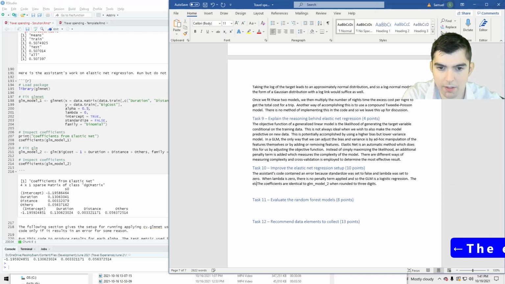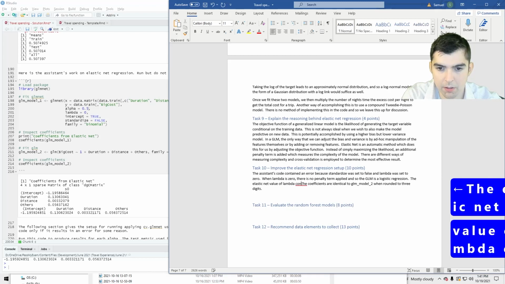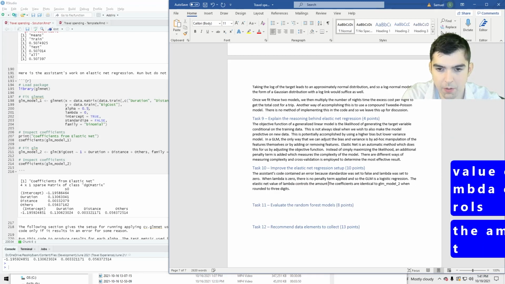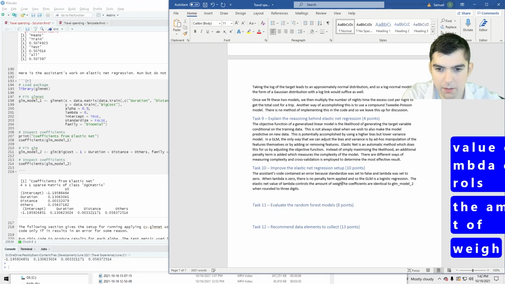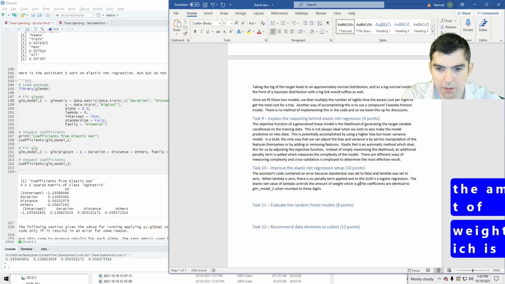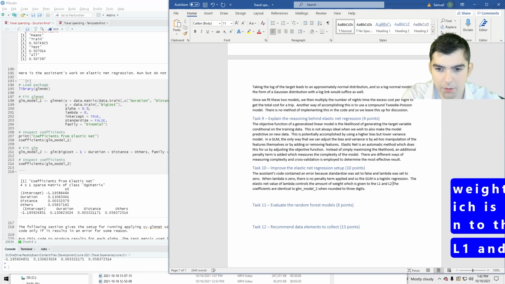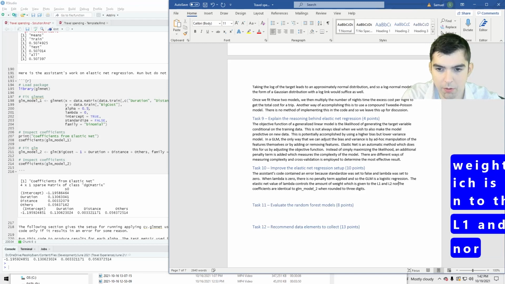The elastic net value of lambda controls the amount of weight which is given to the L1 and L2 norms.